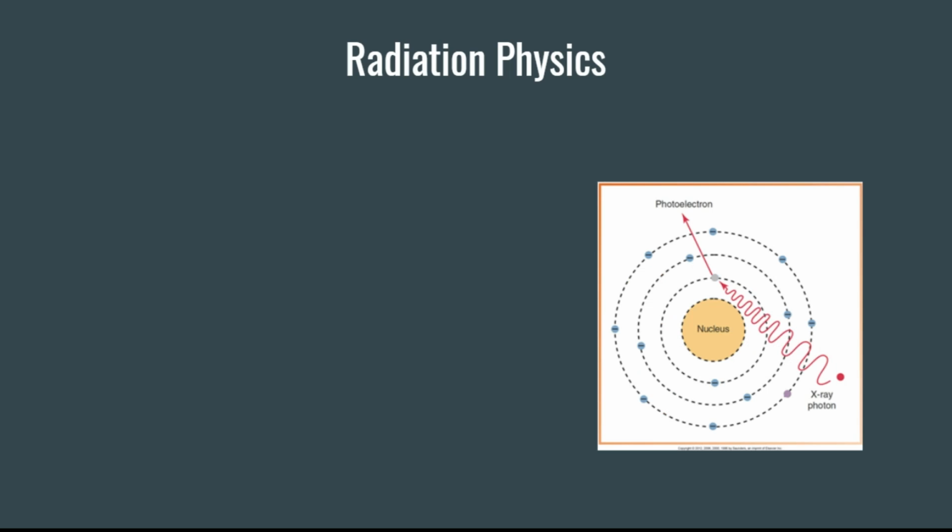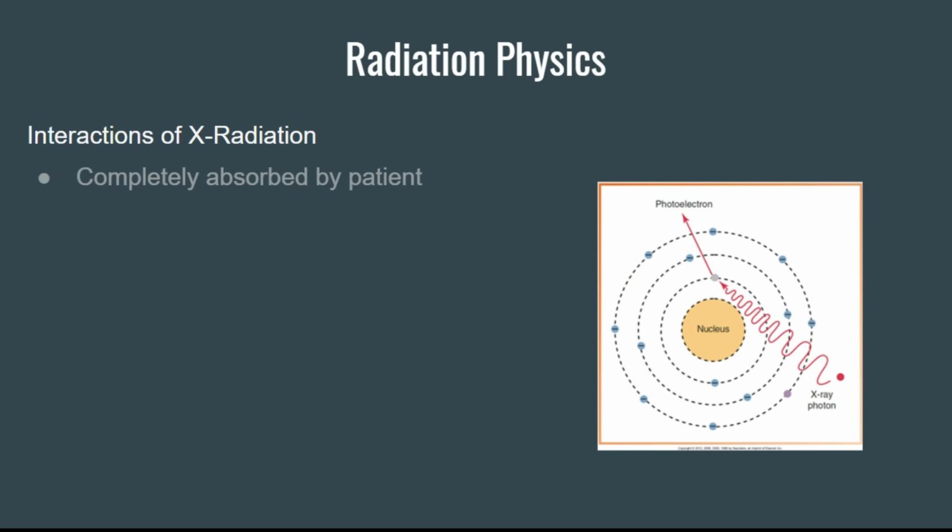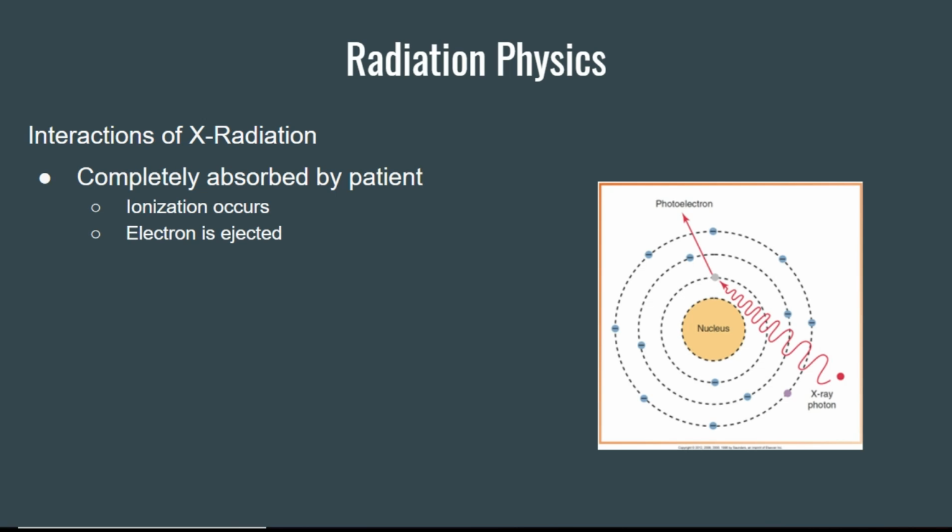The other type we can have, it is completely absorbed by the patient. Ionization may occur because an electron is ejected. That electron that was ejected, it's going to have that negative charge, and we call it a photoelectron at this point.